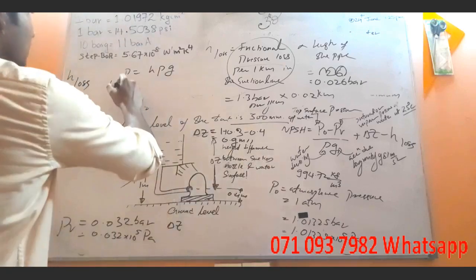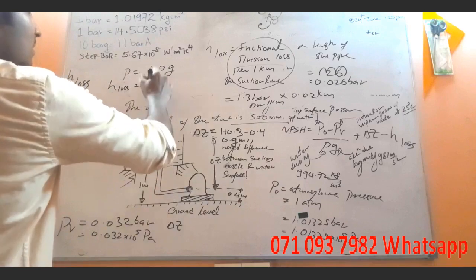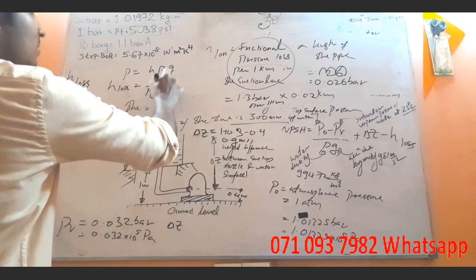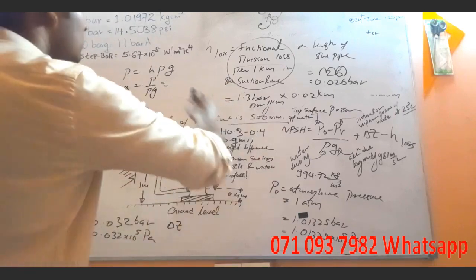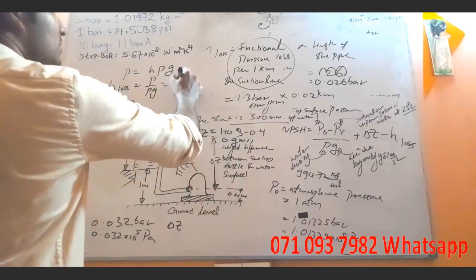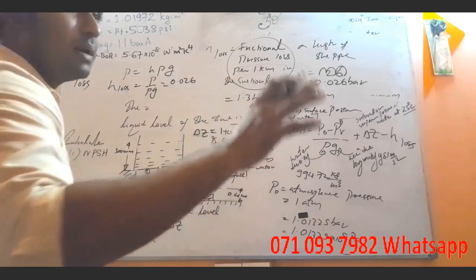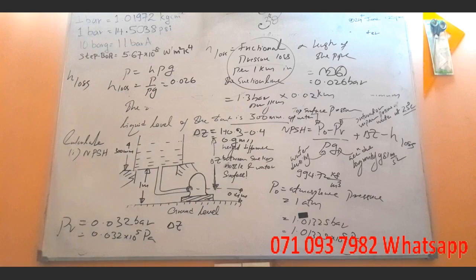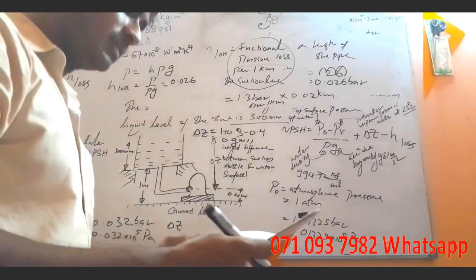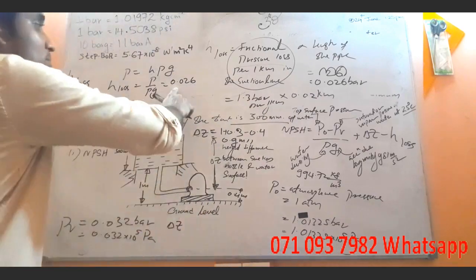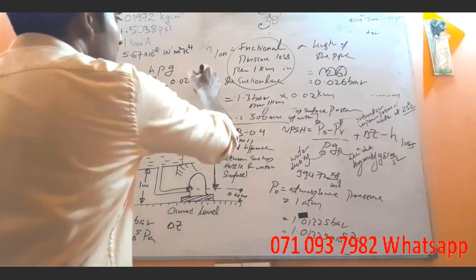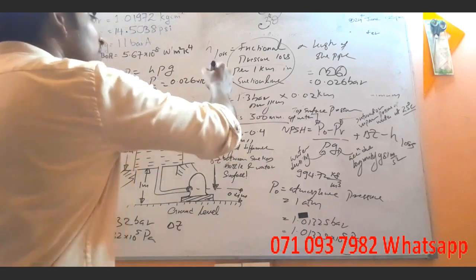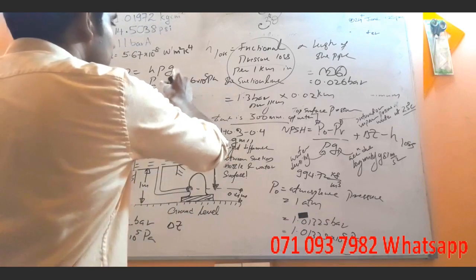So head loss equals P divided by rho G. Now the pressure is 0.026 bar. The units must be standard units, so you have to multiply 0.026 bar by 10 to the power 5, and that will give you the answer in Pascal. That is divided by rho G.